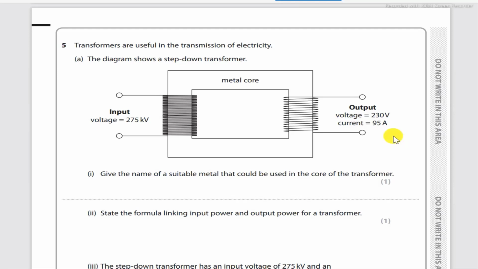So it is a step down transformer because number of turns in the secondary coil is less than number of turns in the primary coil. So input coil is known as primary coil and output coil is known as secondary coil.